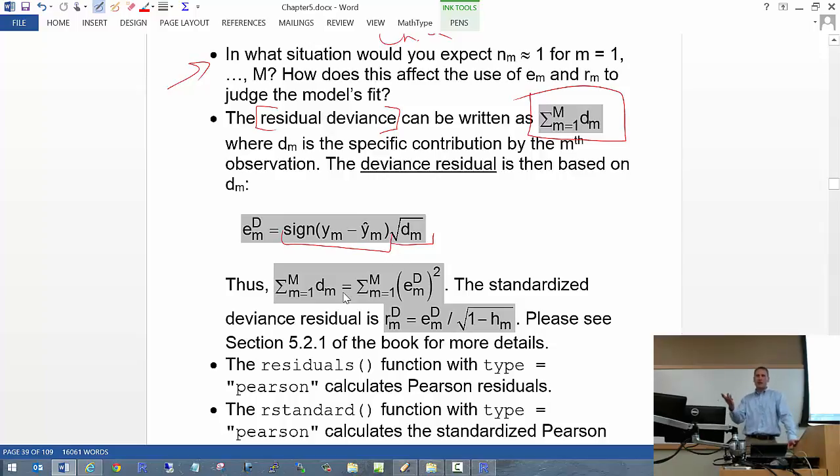What that means, if you've never seen that notation before, is that if y was greater than y hat, the sign will be positive. If y is less than y hat, the sign will be negative. So if y was 2 and y hat was 3, you get a negative out in front of that square root sign. That is a deviance residual.